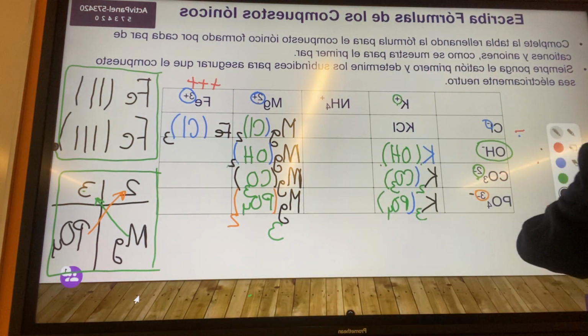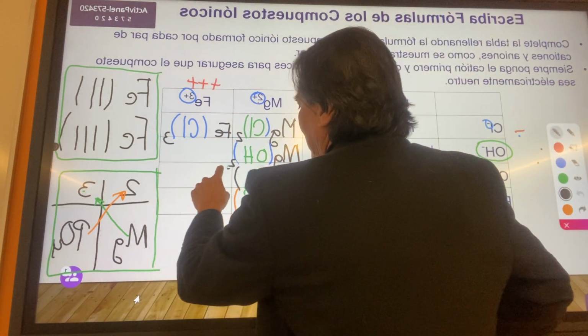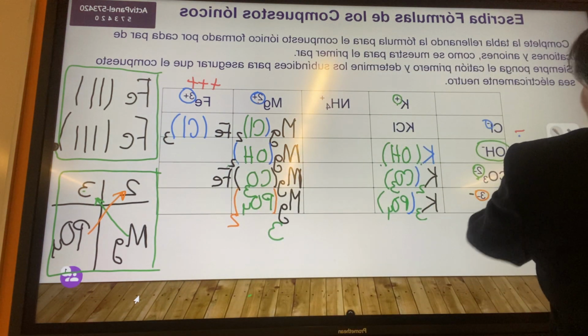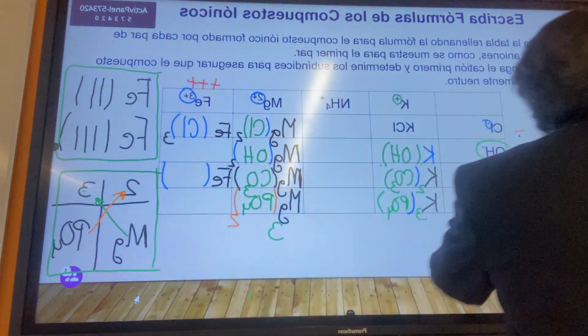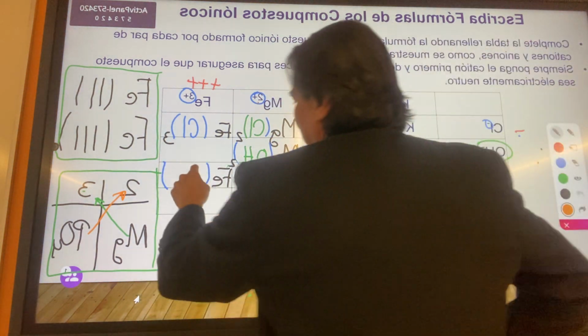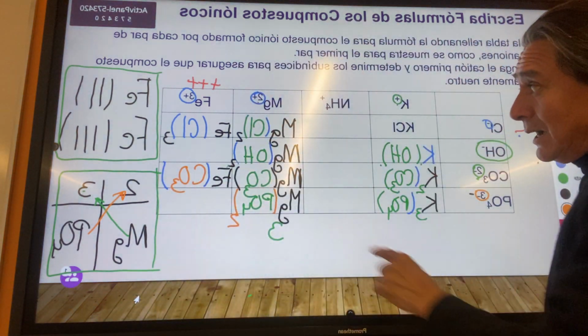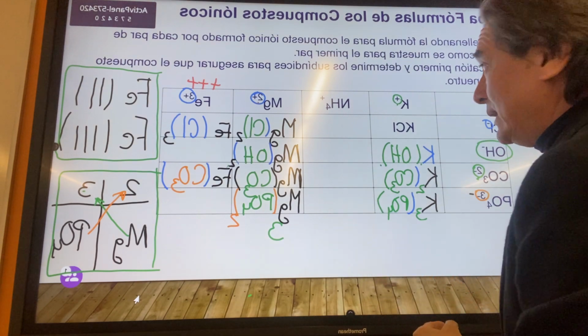So the one that we're going to do next is the carbonate. What is going to happen here with iron? Iron has a +3, is going to donate 3 electrons.